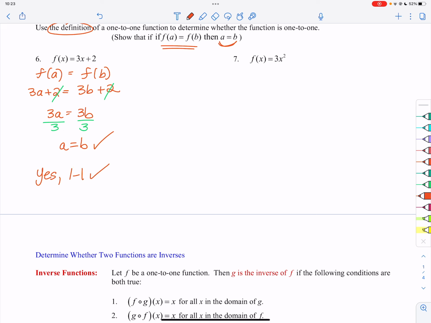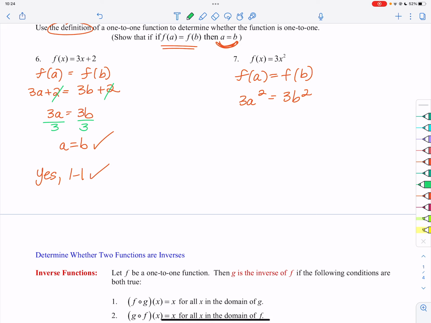Looking at number 7, we want to check f of A equals f of B and see if A equals B. So f of A is 3A squared, and f of B is 3B squared.